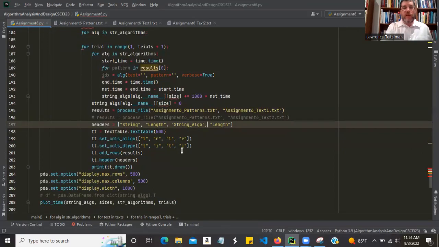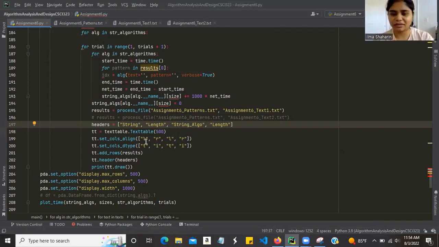But something's confusing here. You don't want to have headers where 2 of them are the same. So the string is what? Don't call it a string, call it a pattern or a text. Which one is that? Pattern. Then call it pattern.